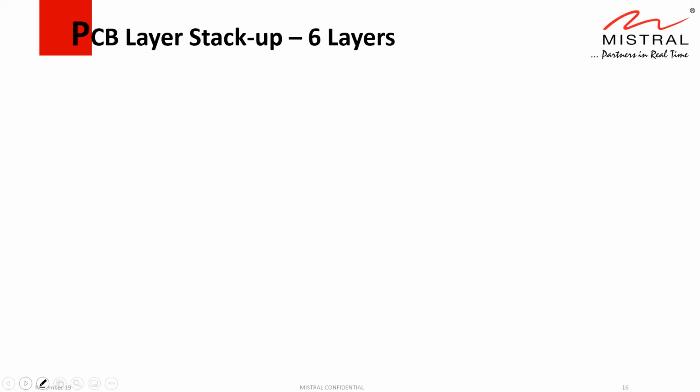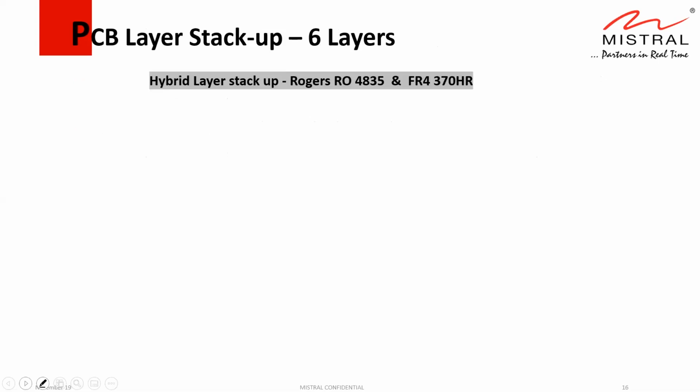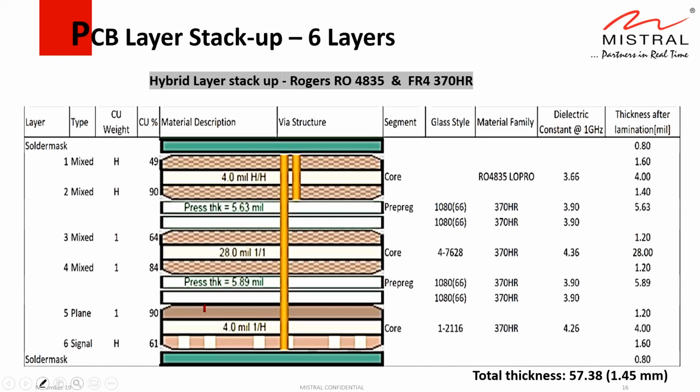So what kind of PCB layer stack-up do we suggest? Say a hybrid layer stack-up. It's a mix of Rogers. There are different Rogers materials available, and also high-speed FR4 material. This is a typical 6-layer PCB layer stack-up for a single radar device with 3 transmitters and 4 receivers.